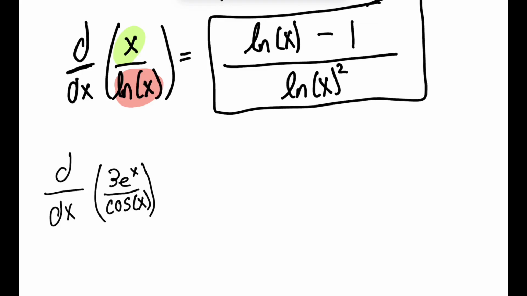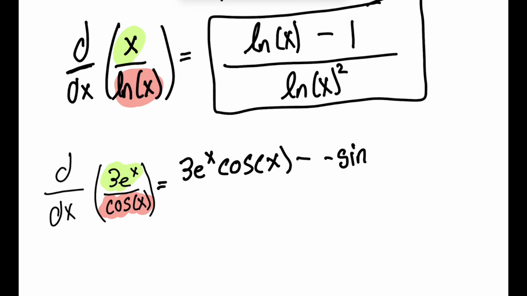Let's go ahead and solve this other one. 3e to the x over cosine of x. Well, we can label this our numerator function and label this our denominator function and use the quotient rule. The derivative of the top is just 3e to the x because e to the x stays the same. Then we multiply by the denominator, which is cosine of x. Then we subtract the derivative of the denominator, which is negative sine of x, times the top, which is 3e to the x.